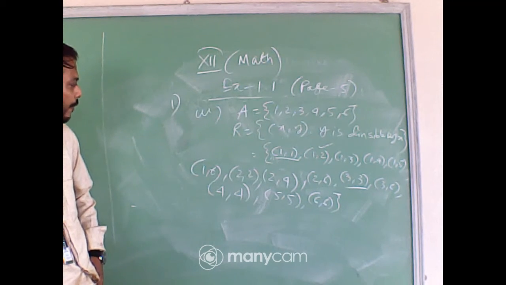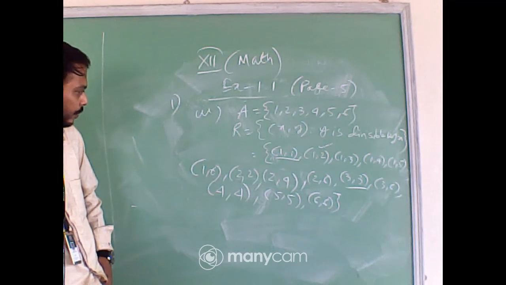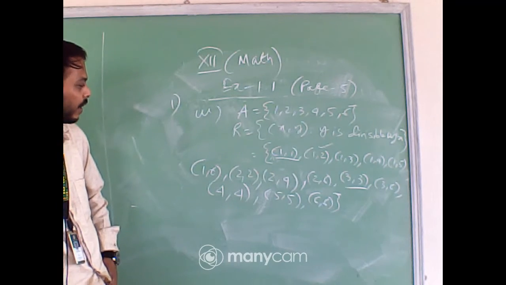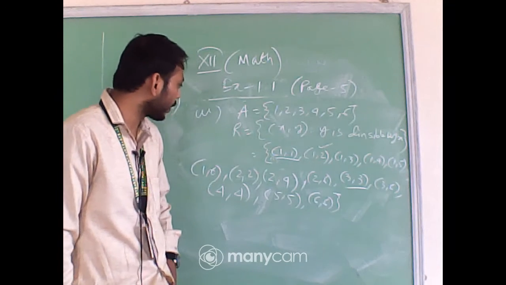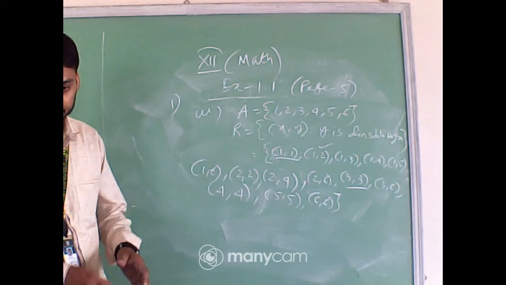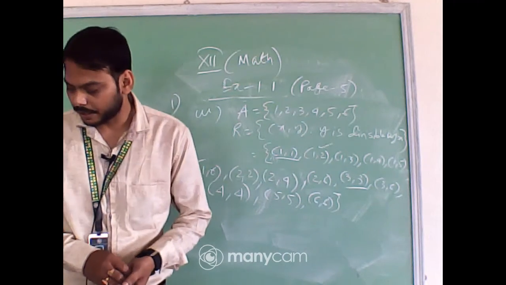If you take 1, 5, 5, 5, 1, 5; 1, 6, 6, 6 is 1, 6; 2, 2, 2, 4. If you take any two elements and combine them, the result also belongs to this set. Yes, it is transitive.